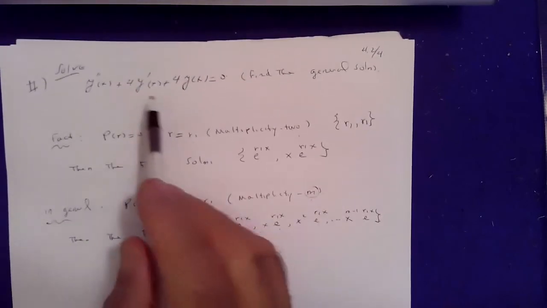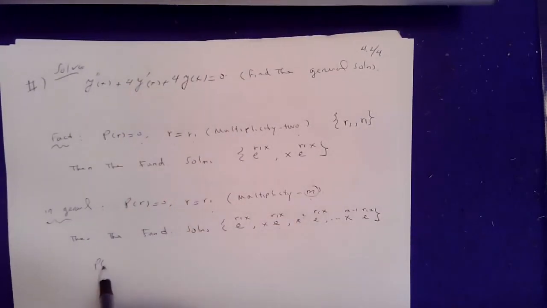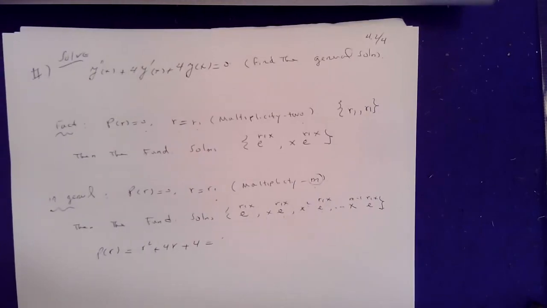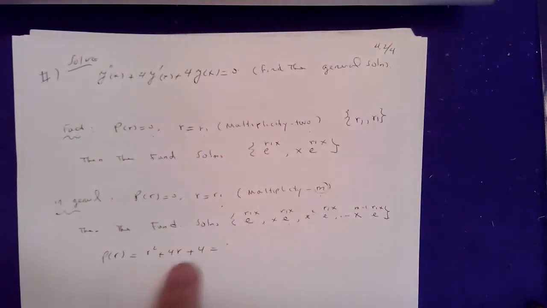So in this particular problem, the auxiliary polynomial is r squared plus 4r plus 4. Notice, just by inspection, I can write the auxiliary polynomial.